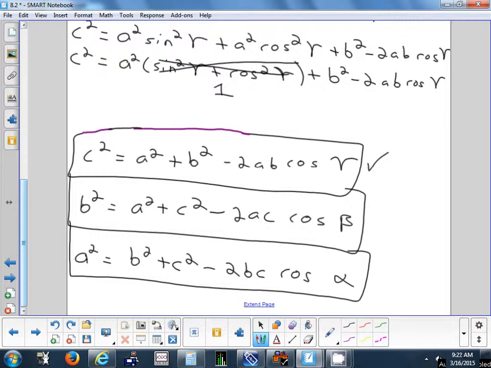They all have a and c in them. So that would probably be more of a law of sines problem. Remember, this is only used for side angle side, in which case you're only missing one side, and side side side, in which case you're missing none of the sides. So you cannot use law of cosines if you're missing two sides.